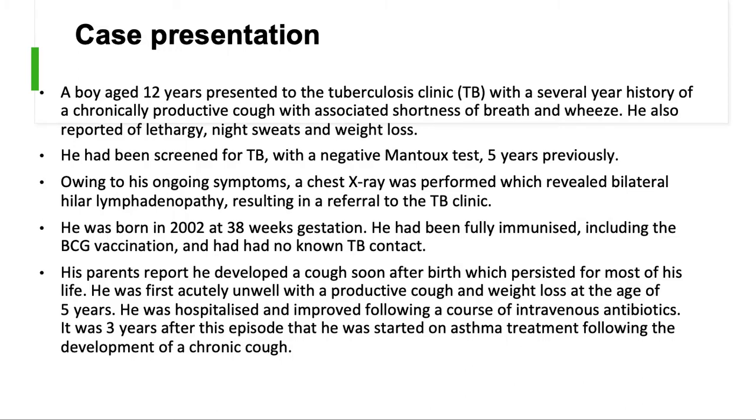His height and weight were on the 9th centile for his age. Repeat tuberculosis investigations, including Mantoux, T-SPOT, and sputum AFB, were negative. His sputum culture grew Staphylococcus aureus, and he was treated for a lower respiratory tract infection.